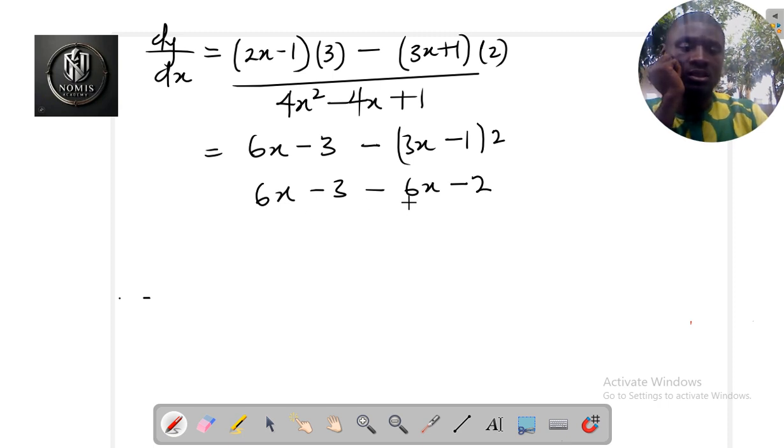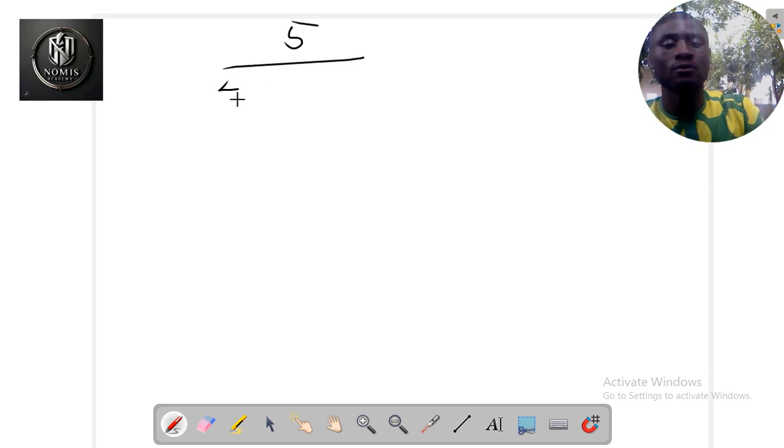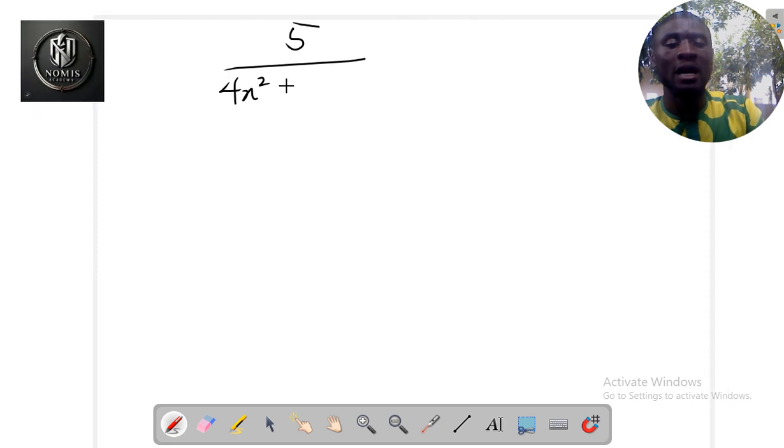So 6x minus 6x gives us 0, right? We are left with minus 3 minus 2, and that gives us minus 5. So everything at the top gives us minus 5, all over 4x squared minus 4x plus 1.